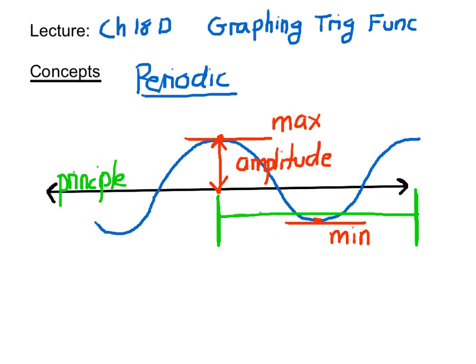Oops, sorry about that, I misspelled principal. This is the principal axis. And we have the period: the distance between any two repeating points.